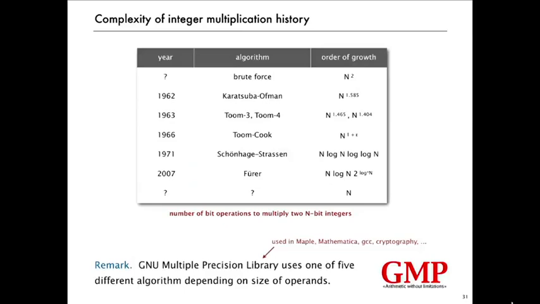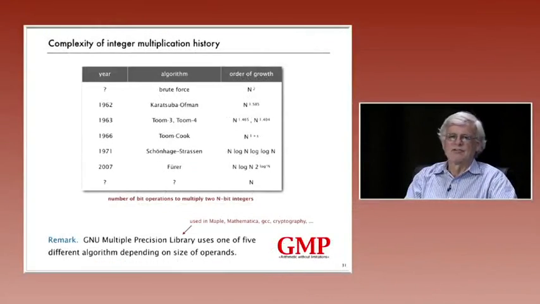And actually, in practice, there's the multi-precision library that's used in many symbolic mathematics packages that has one of 5 different algorithms that it uses for integer multiplication depending on the size of the operands. And again, in applications such as cryptography, the n can be truly huge, and people want to do this computation.